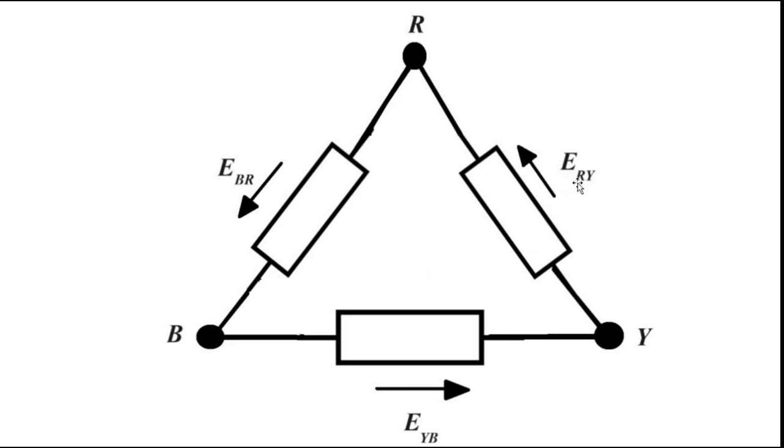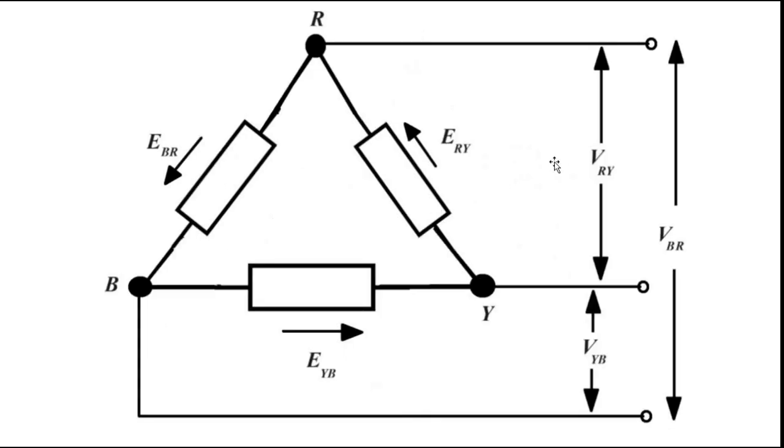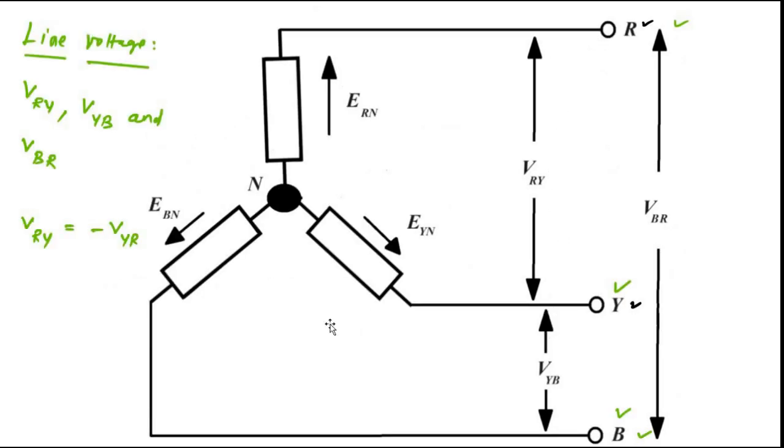ERY is ER minus EY, the voltage between R and Y. EBR is the voltage between the blue winding and the red winding, and EYB is the difference between the yellow winding voltage and the blue winding voltage. This is very similar to the voltage between the respective lines.